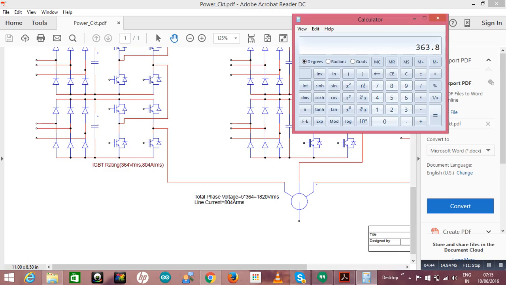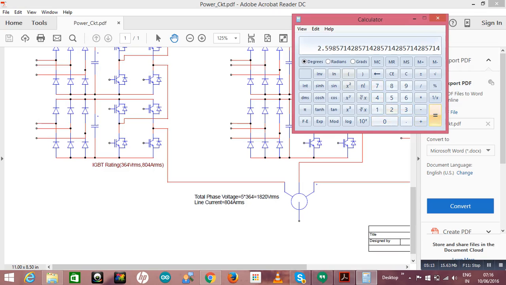That's why I have this. So this can be reduced. My total RMS voltage per phase is 1819 volt. Suppose I got some IGBT which can carry 700 amps.